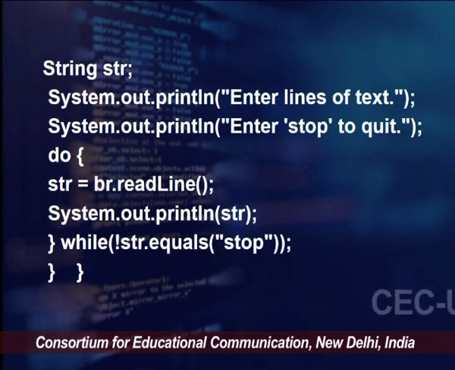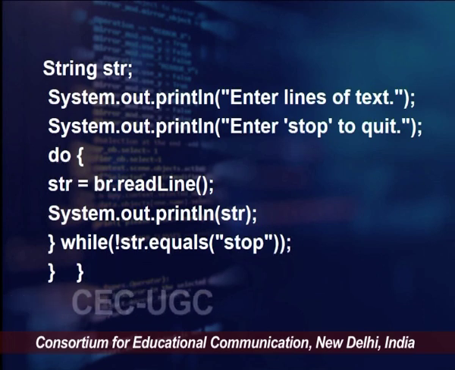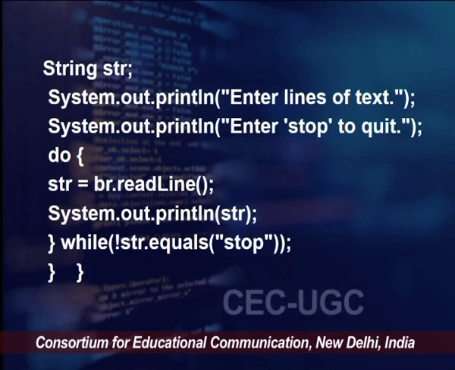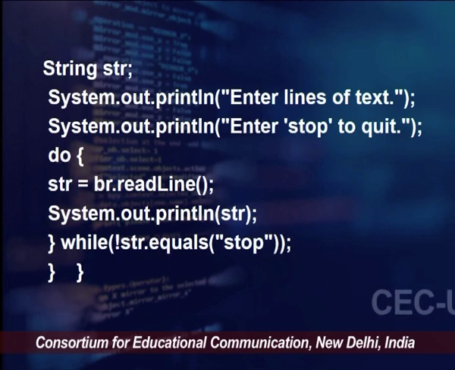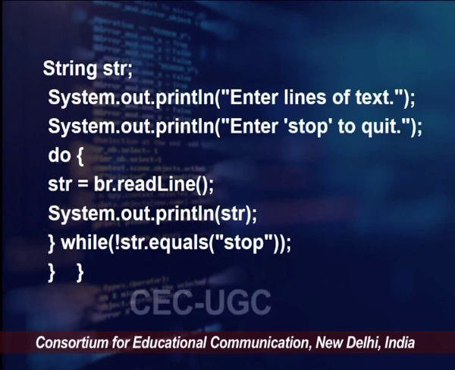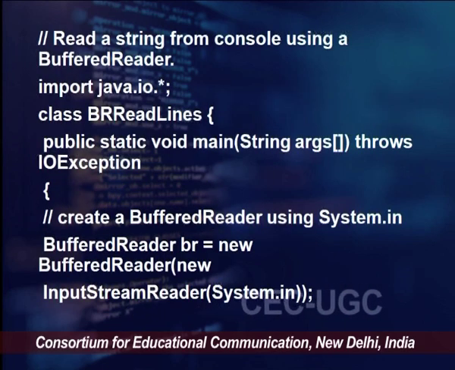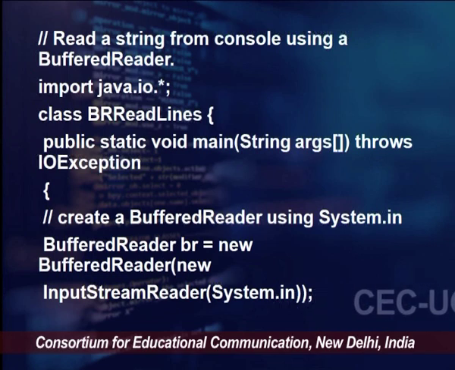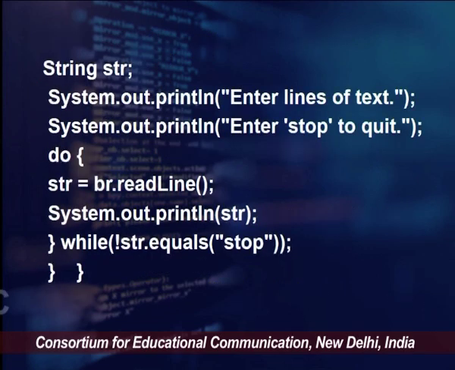Within the do while, we take the strings from the console with the help of br.readLine, where br is the object of our class BufferedReader as we have created it here. Whatever is read by br.readLine is stored in str, and then with System.out.println(str) it is printed simultaneously onto the screen.